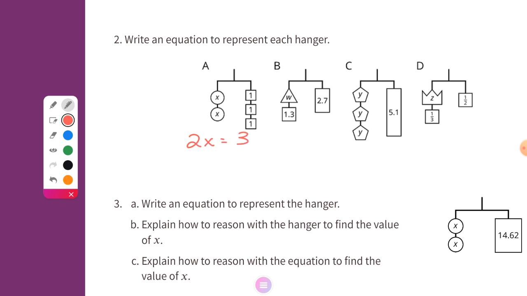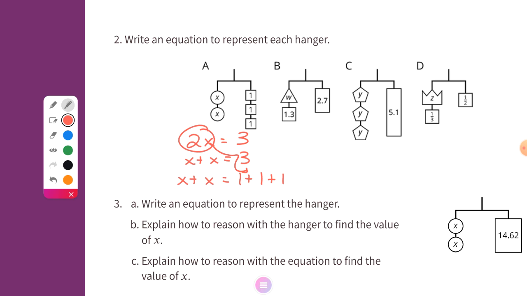Tatum? x plus x equals 3. That works. Anything else? Emmy? Yep, and the only other thing that you could have is 2x equals 1 plus 1 plus 1. All of those are perfectly okay. Which one is the best?